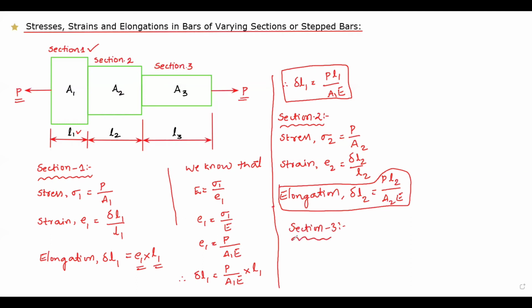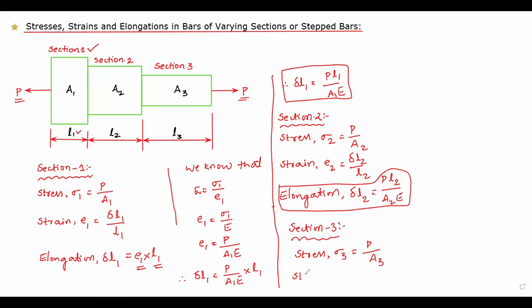So section 3, where stress, denoted by sigma 3, is equal to load over cross-sectional area, where load is P and cross-sectional area is A3, because, as I told you before, just look at the figure where the load is constant for all 3 sections.